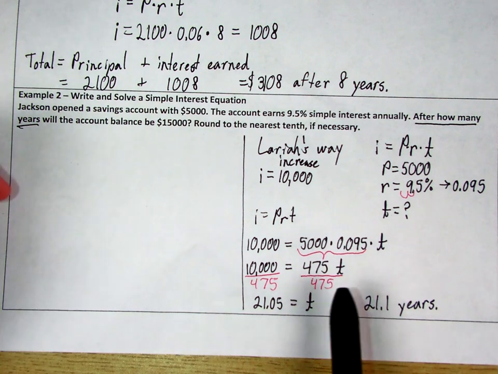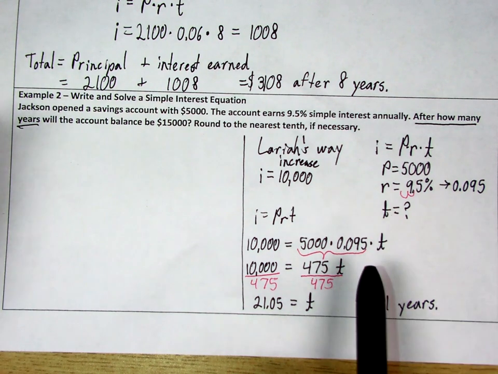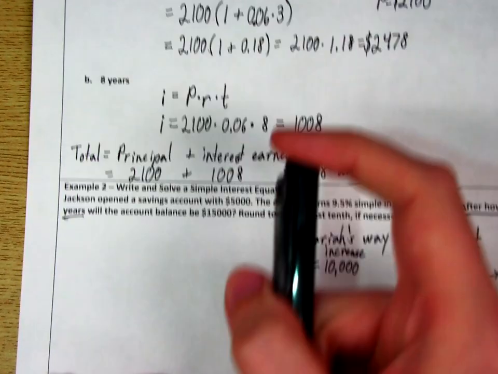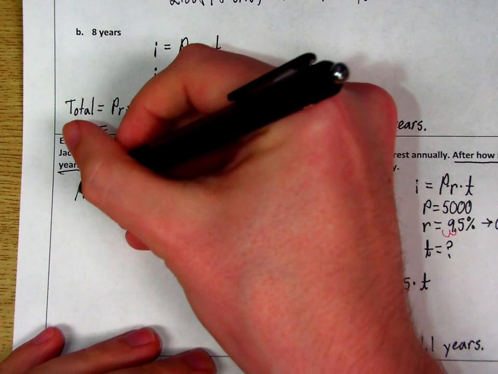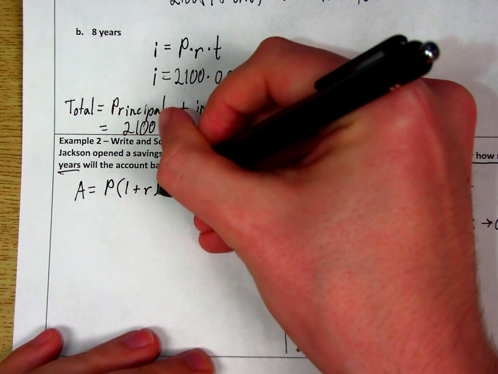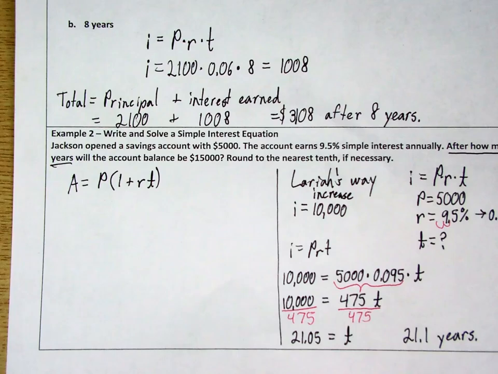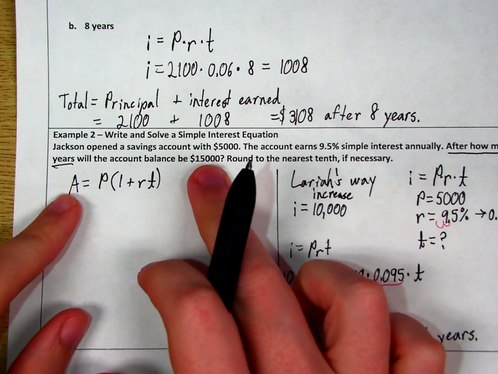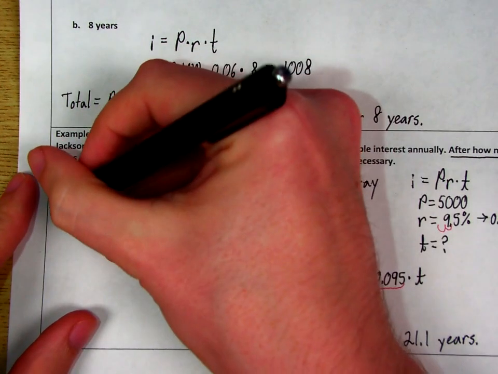We then took a quick look at the same problem, but using the other formula. We said A equals P times 1 plus the rate times time. And again, we know what the total account will be. We said A was $15,000.